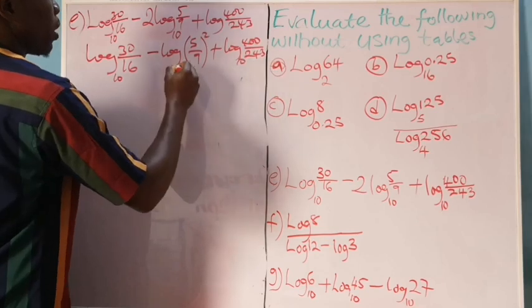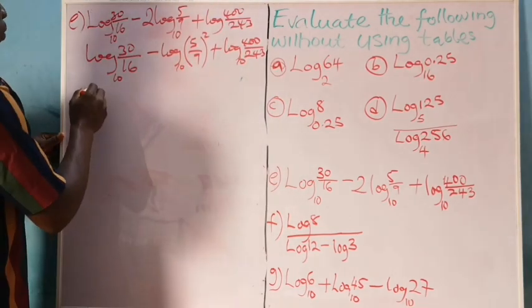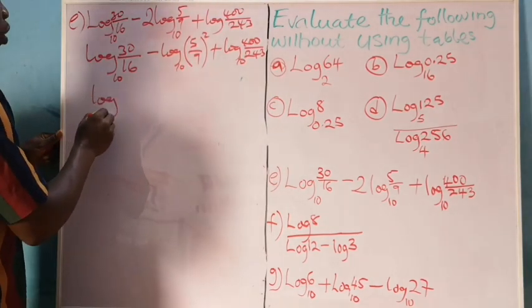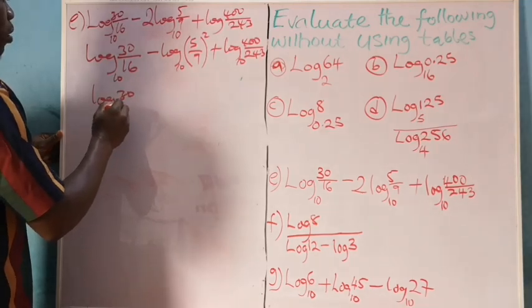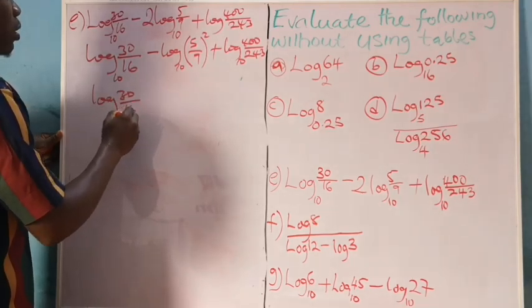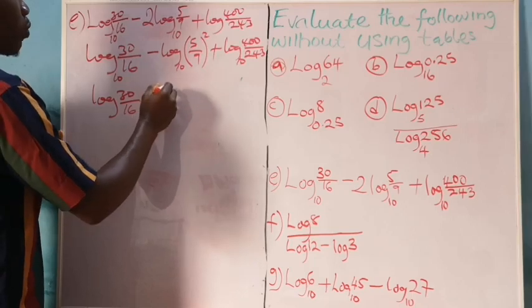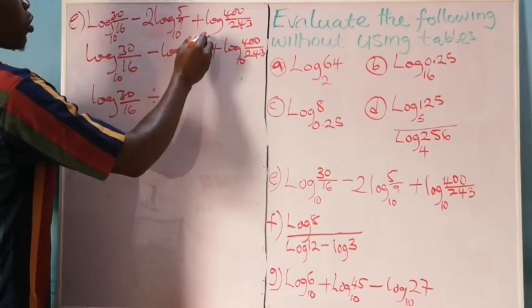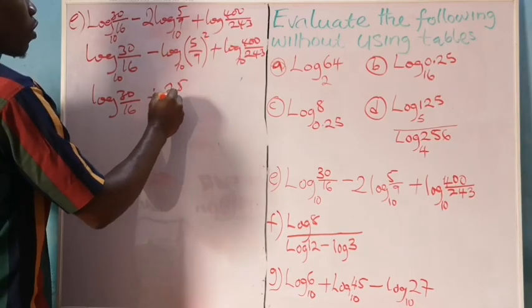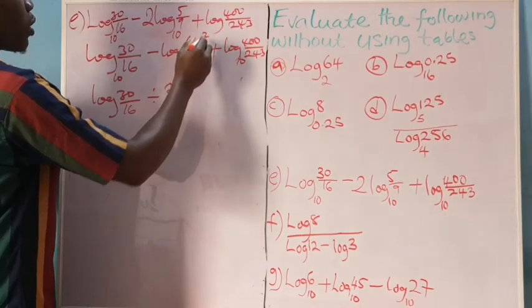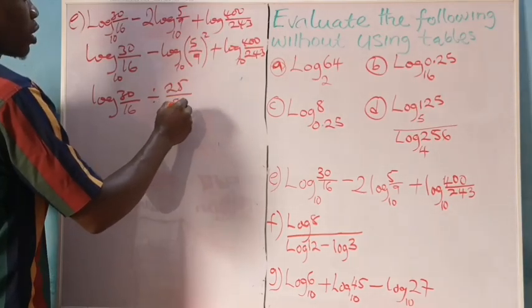Okay, this is base 10, base 10. Now, here we are going to have log 30 all over 16. Then this will change to division. Then we have here 5 to the power 2 is 25, all over 9 to the power 2 will be 81.